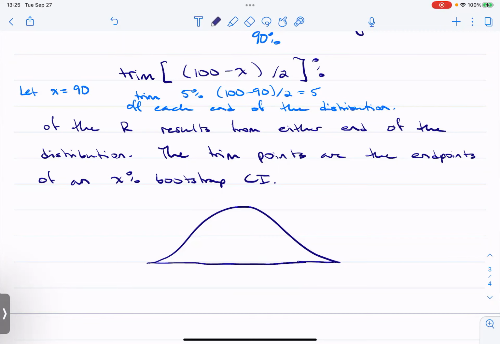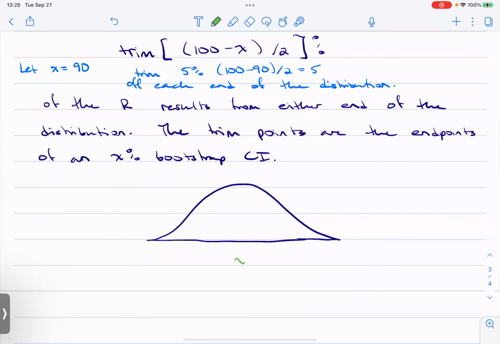So just imagine here, in theory, I have my distribution of X bars, and it goes to some endpoints here, right? I have some minimum and some maximum because I have R X bars, so I have a finite number of X bars. It's no longer theoretical, right?